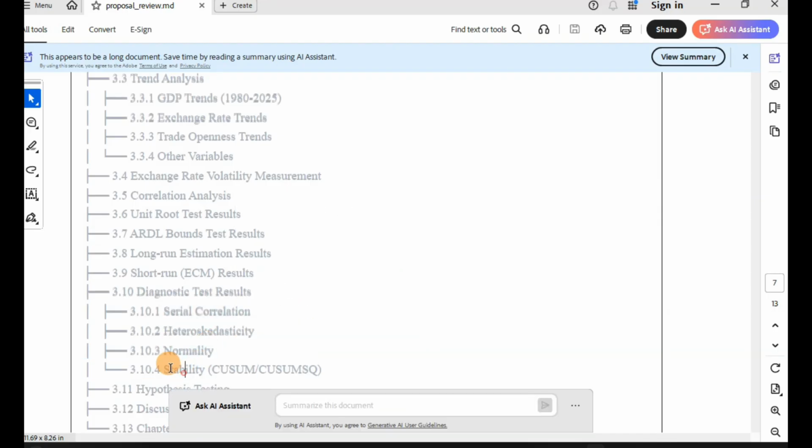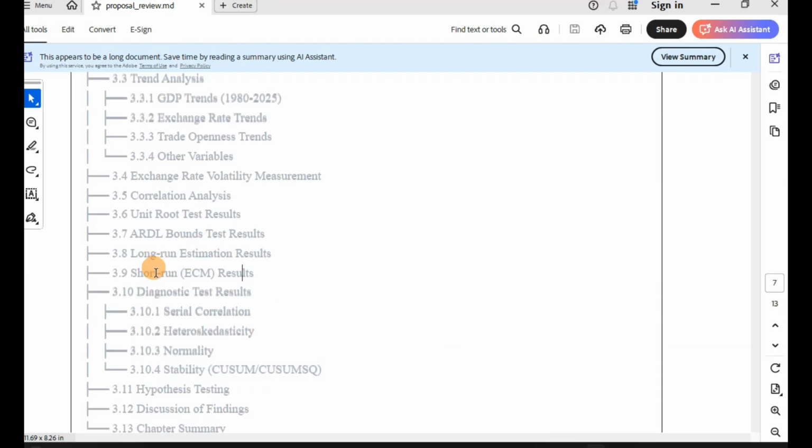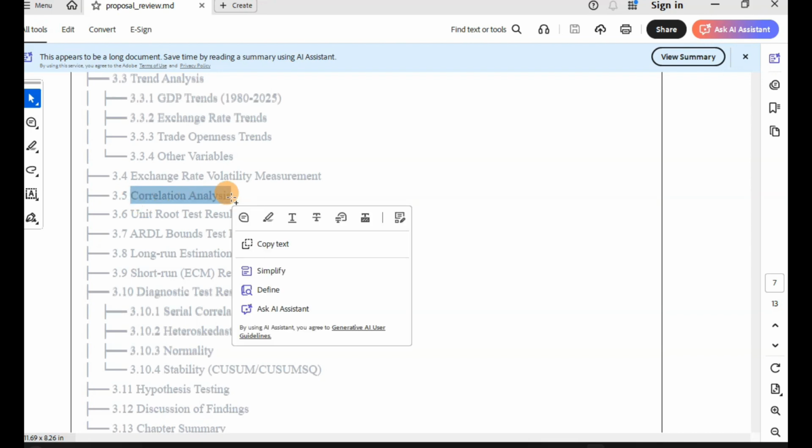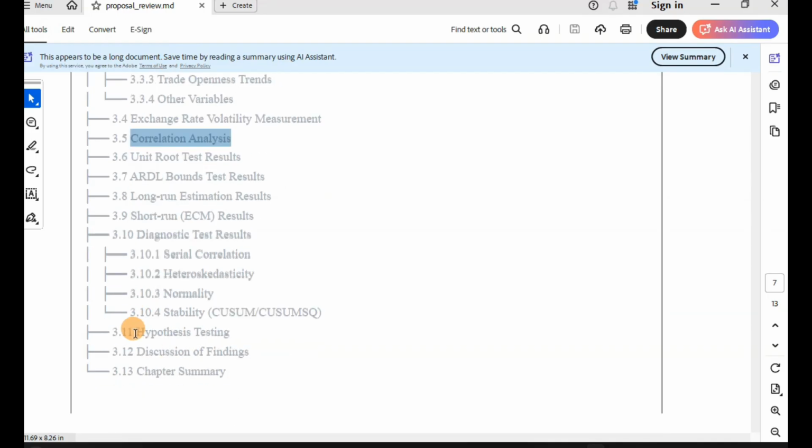We test for stability. You see the reason why you need to understand the assumptions? And we also test the correlation because we are looking at multicollinearity again. And as long as all the tests are passed, we can focus if we wish, or we can just stop at CUSUM stability.